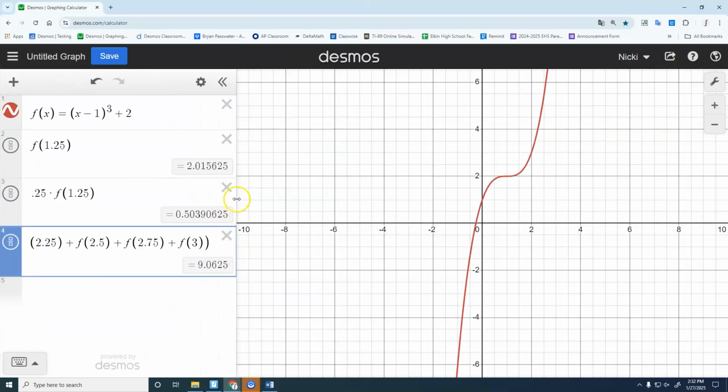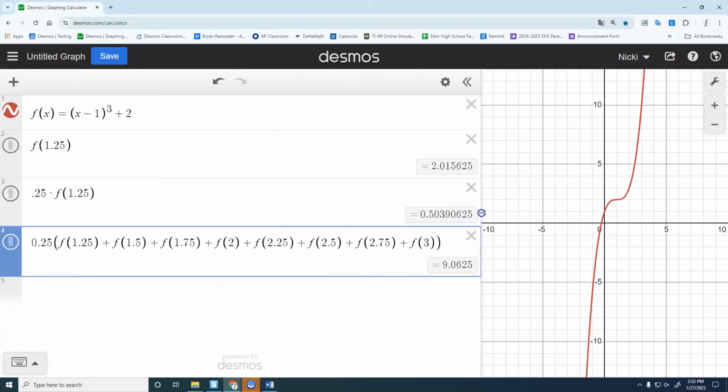Something to notice about this: when you are doing a right Riemann sum with 8 subintervals, then you need to have 8 numbers right here, because it's going to be 0.25 times 8 different numbers. You should not have 9 numbers.